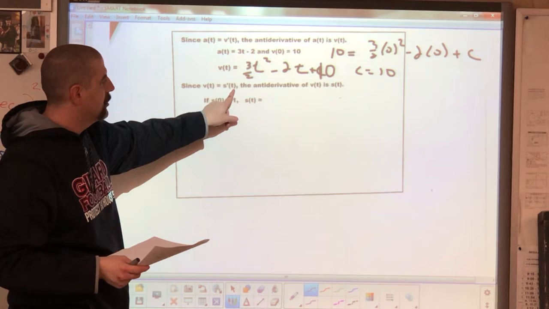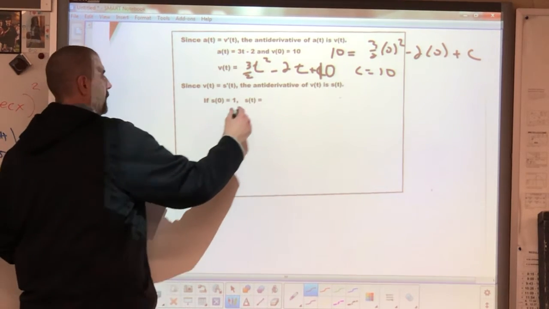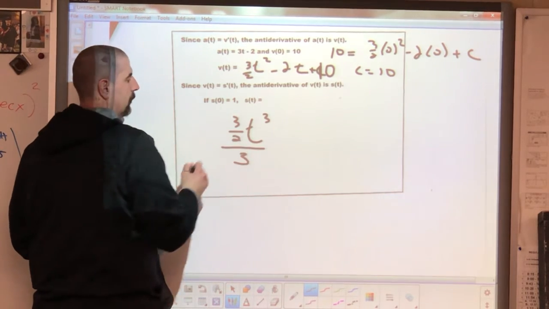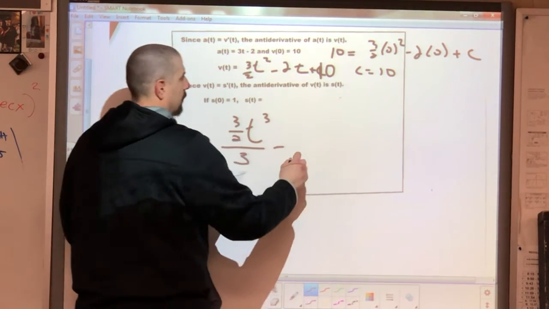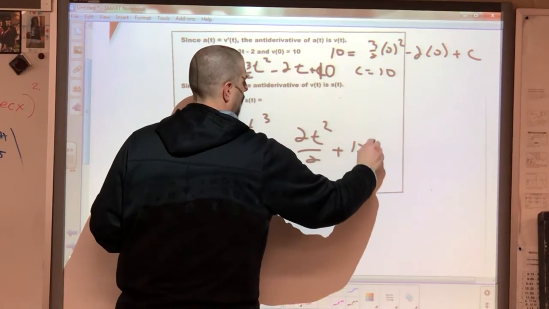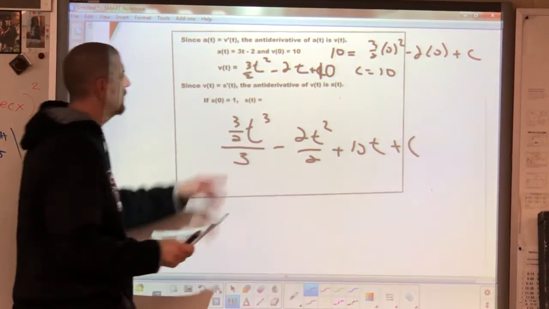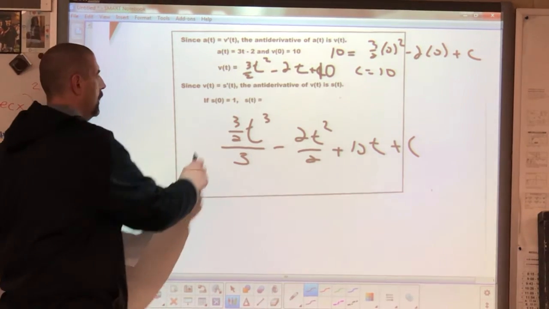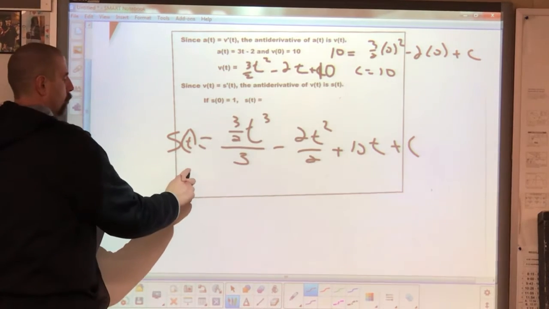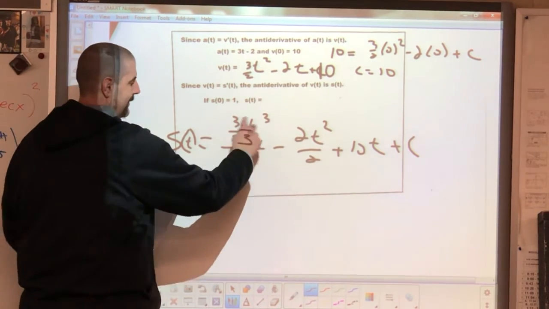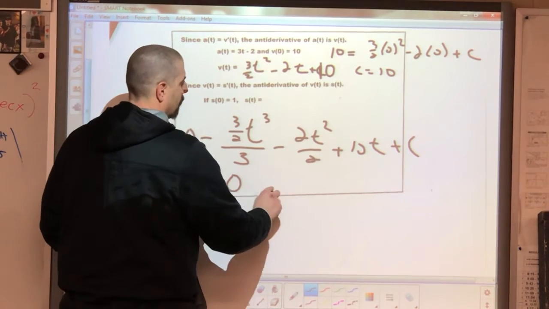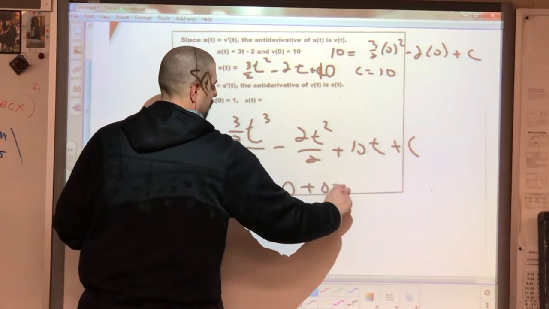Then we want to find the position function, so take the antiderivative again. So now we have to find c. Again, they tell me s of 0 equals 1. So that's s of t. So s of 0 is 1. So 1 equals, that's just going to be 0 plus c.